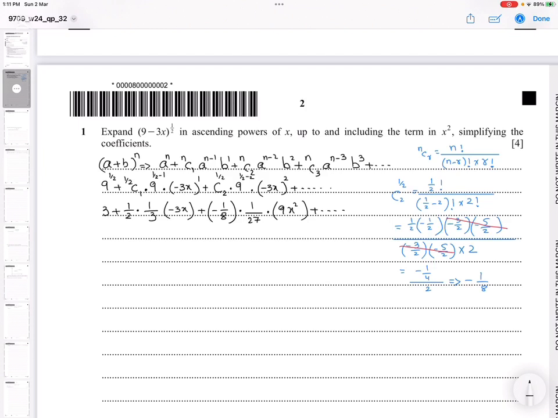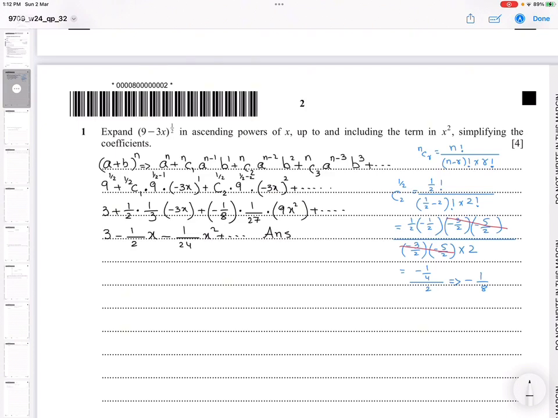Further simplify this, so you get 3 minus 1 over 2x minus 1 over 24 x squared plus dot dot dot, and this is your answer.